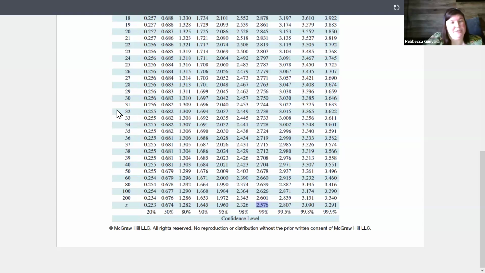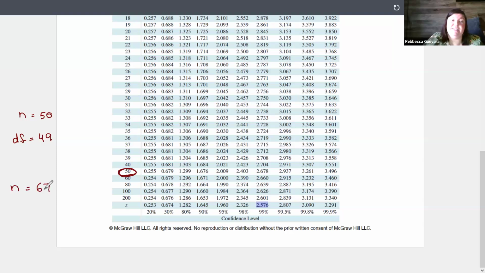If you're using the table, and there are different tables out there, let's say that my sample size was 50. Then my degrees of freedom would be 49, and 49 is not on here. What do I do? You pick the degrees of freedom that is closest to what you have. So in this case, we would pick 50.